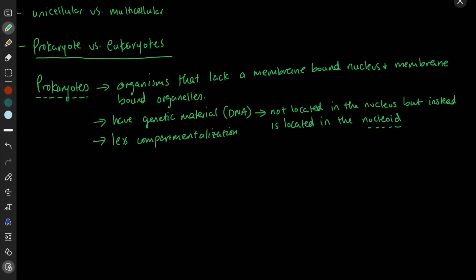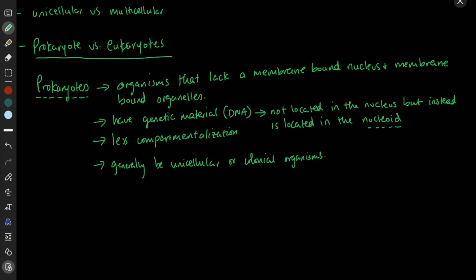And because there's not as much compartmentalization with respect to prokaryotes, because they lack those membrane-bound organelles or membrane-bound nucleus, most prokaryotes are going to generally be unicellular or colonial organisms, right?